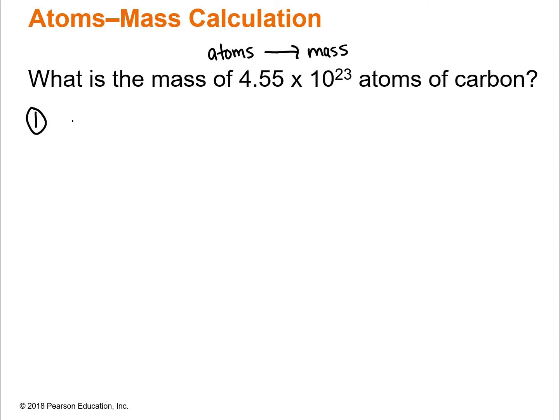And then you have to know the pieces to put together to get from atoms to mass. So the first part that we can do is atoms to moles. With these problems, you're always going to have to get to moles first and then go from moles to your final destination. What number do we use to get from atoms to moles?